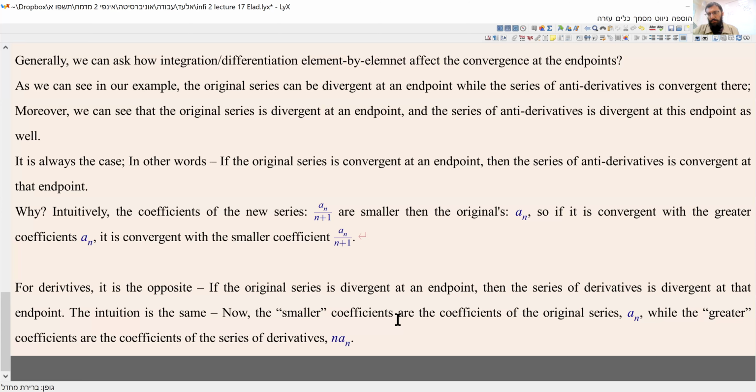But integration element by element preserves convergence at the endpoint, and differentiating element by element preserves divergence at an endpoint. That's the bottom line here.